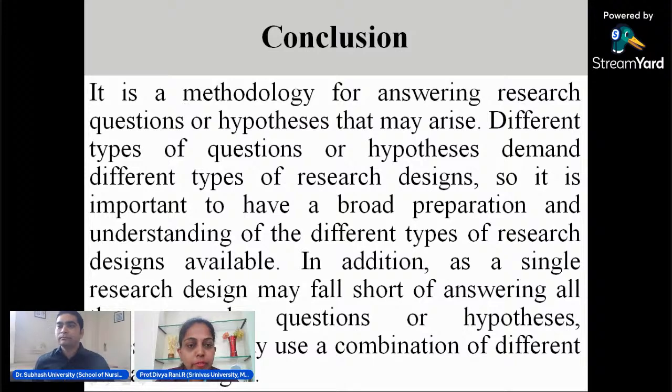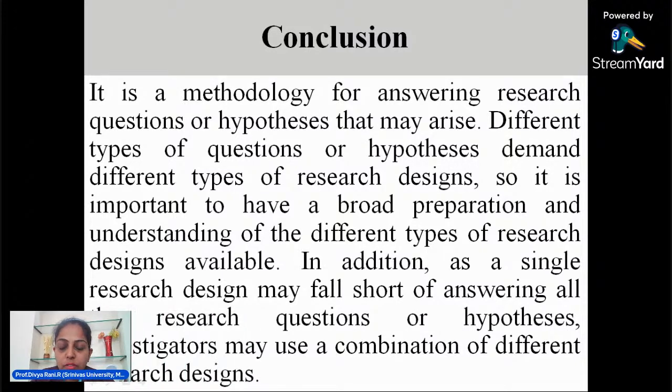So we have come to the end of the section. Until now, we have seen different types of quantitative research design. Research design is a very important part of our research.